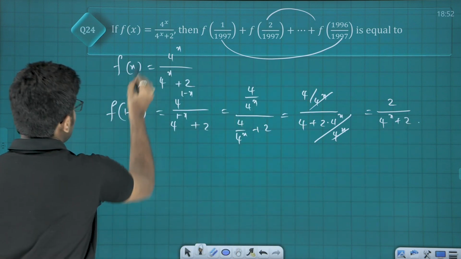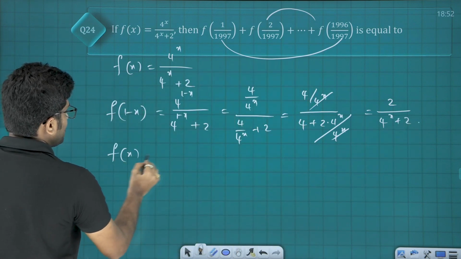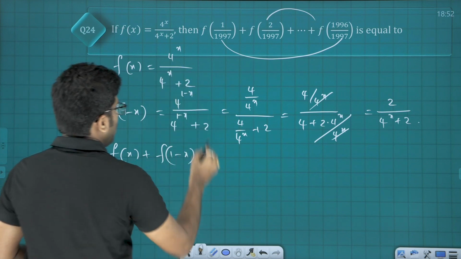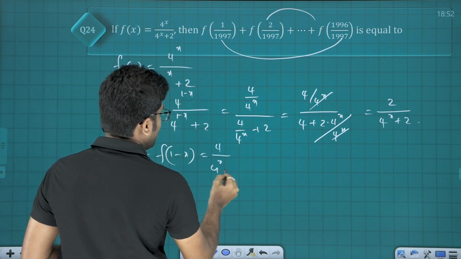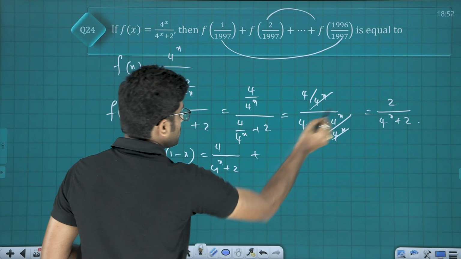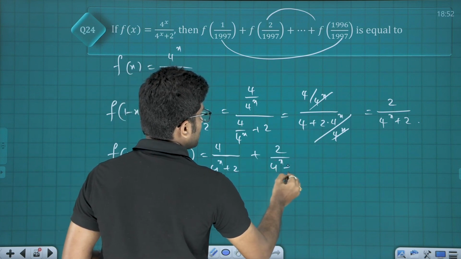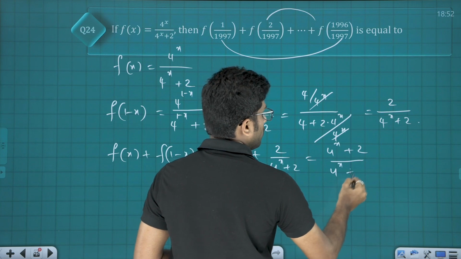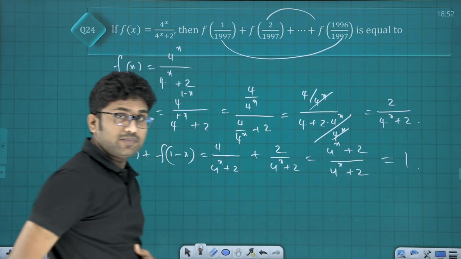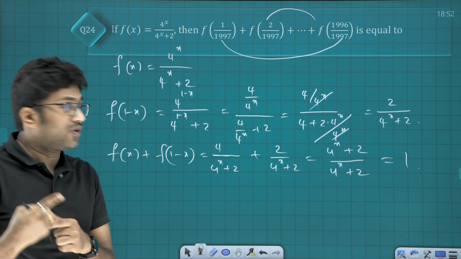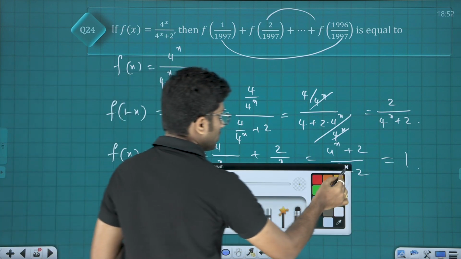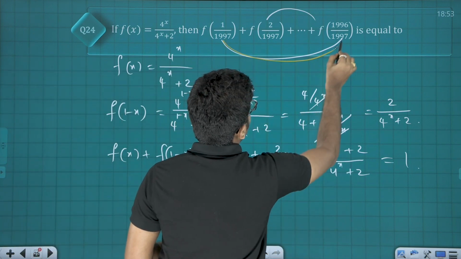Now clearly, once you understand this, friends, f of x plus f of 1 minus x is equal to 4 power x by 4 power x plus 2 plus 2 divided by 4 power x plus 2. When you add, 4 power x plus 2 divided by 4 power x plus 2 is 1. That means f of x plus f of 1 minus x is 1. So when you add these two, you get 1.